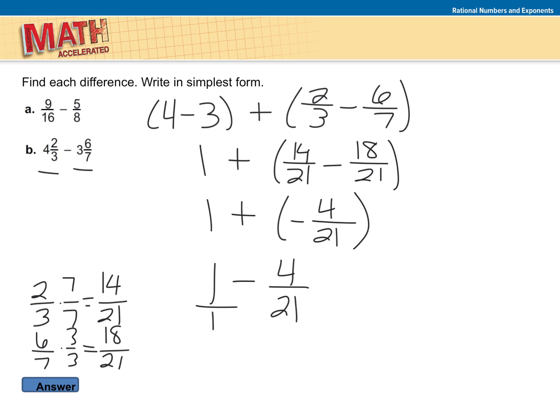What would our common denominator be? 21. How can I turn this into 21? Multiply by 21. So I would have 21 over 21 minus 4 over 21. Now can I subtract? Yes. What's my denominator? 21. And I would get 17 on the top. So it was a little bit longer of a problem.